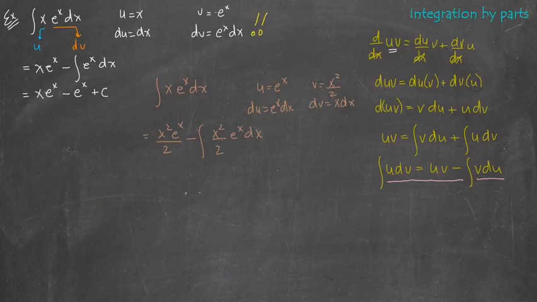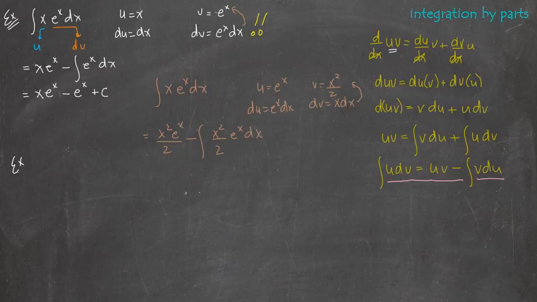But that's not the point. The point I'm trying to make is that generally you want this step to go from something complicated to something less complicated. If you go from something less complicated to something more complicated, you're probably making the wrong substitution.